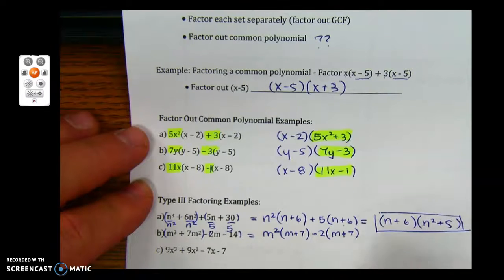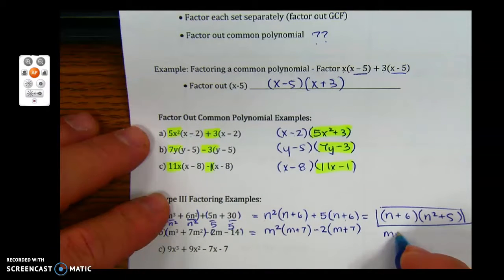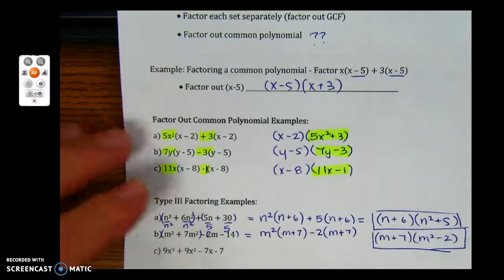You say, no, Mr. Nix, that's a minus sign. But if I factor out a negative, that becomes a plus. So now I have the same thing in parentheses, so I pull that out, m plus 7 in my first group, m squared minus 2 in my second group. That's how you factor by grouping.